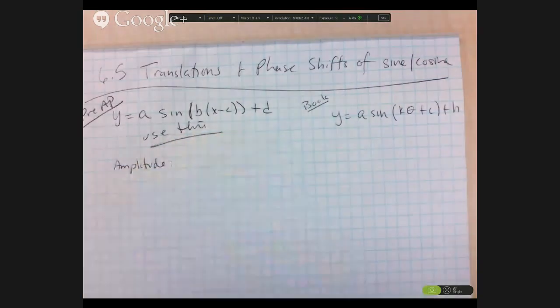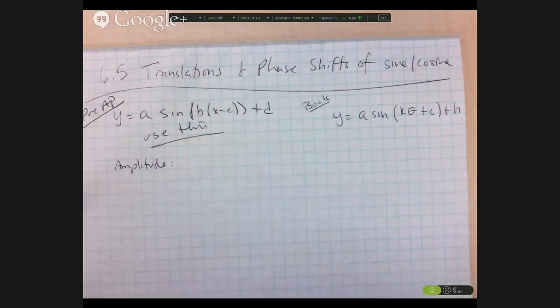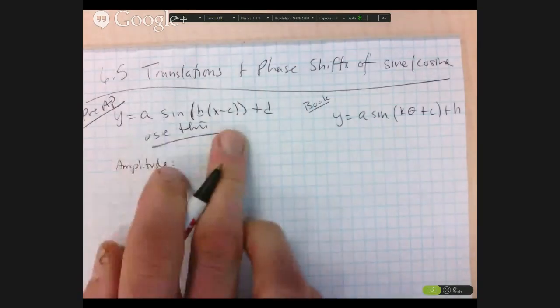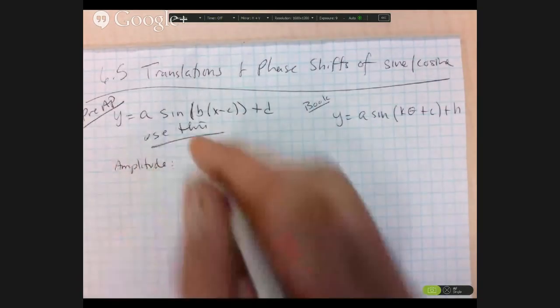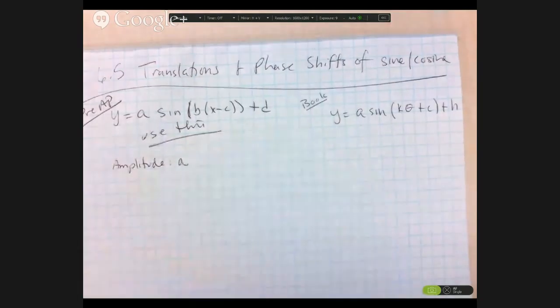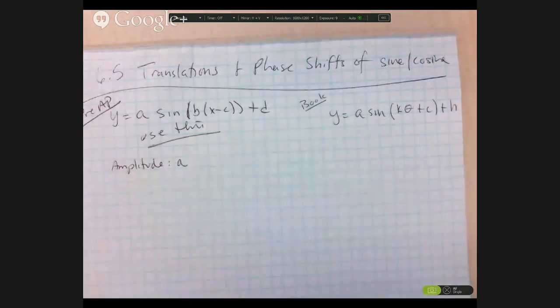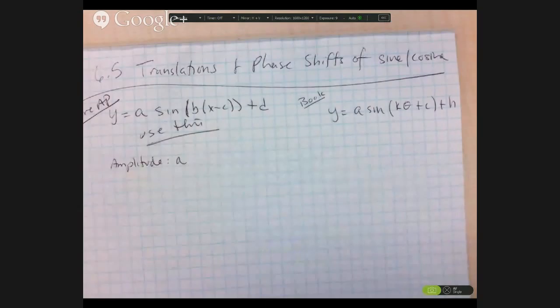What's the amplitude? 1. Of that, what letter? A. Okay, the period.